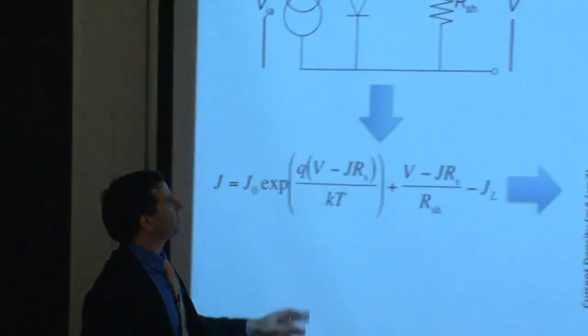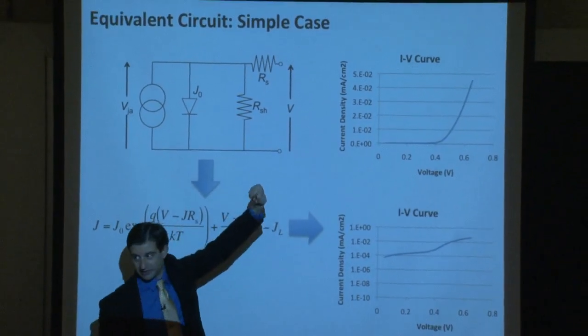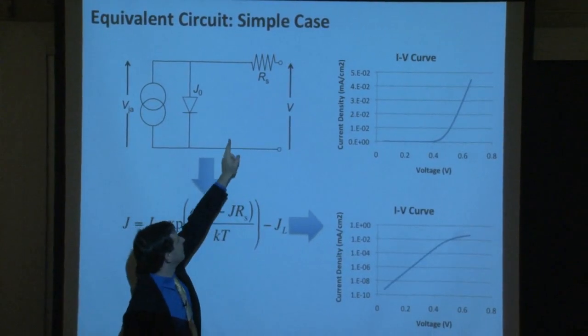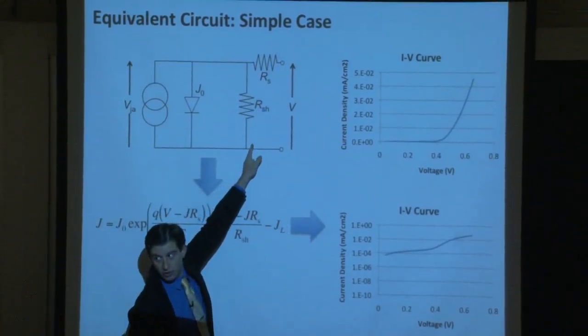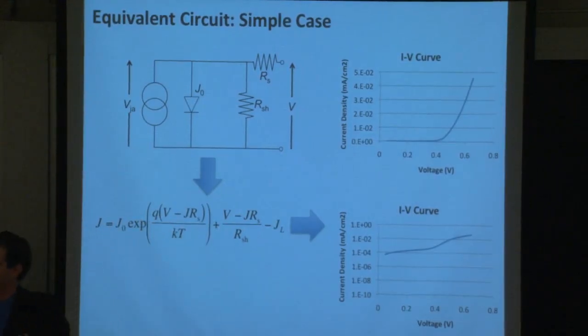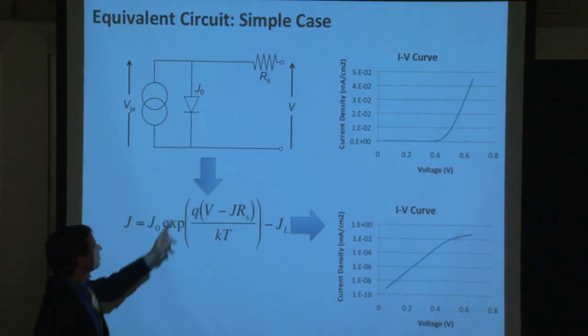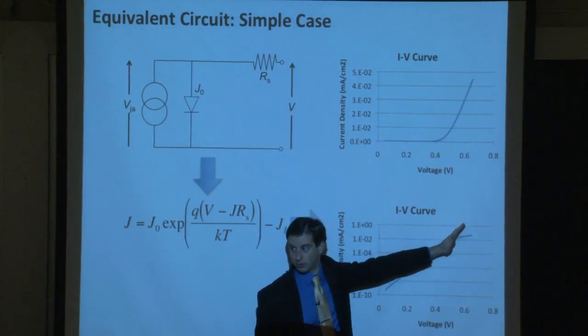Likewise, we're going to introduce another resistance term inside of our equivalent circuit diagram, what we call a shunt resistance. Let me back up one step here. This was just with series resistance. Now I've added a shunt resistance term here as well. And whereas we wanted our series resistance to be small, the smaller our series resistance, the less this effect would be, the more ideal this curve would be.